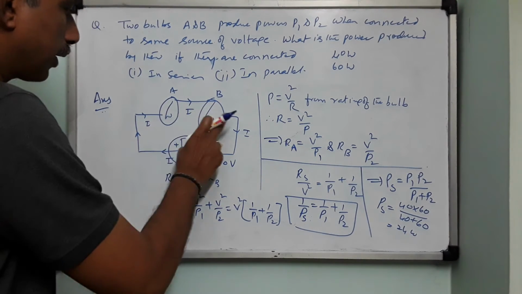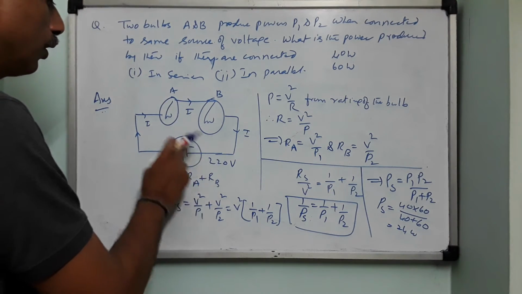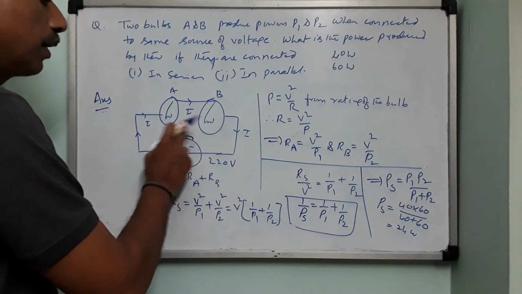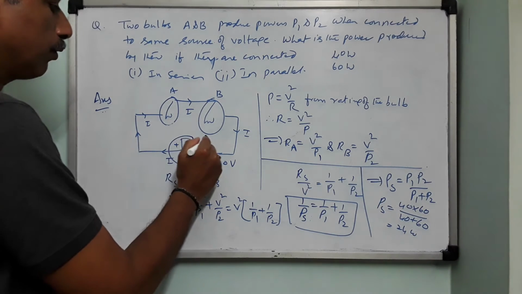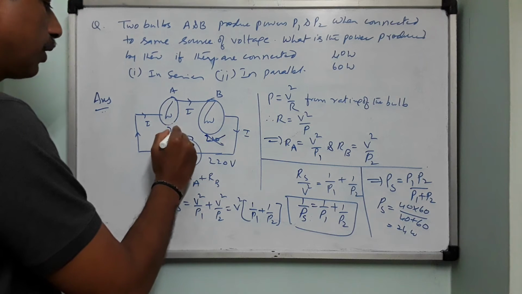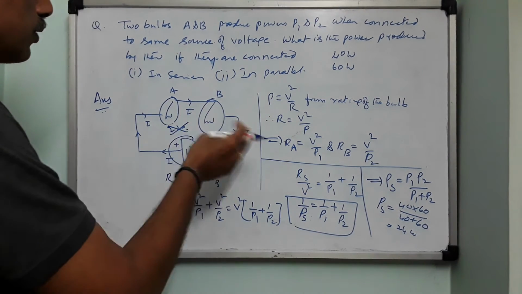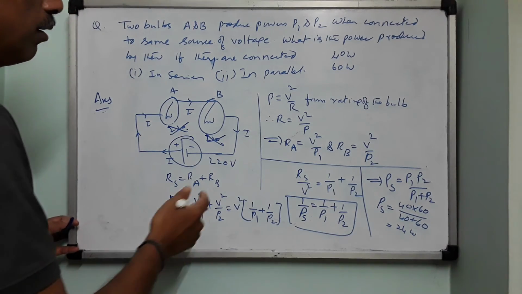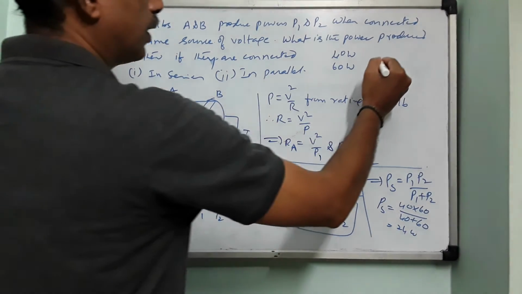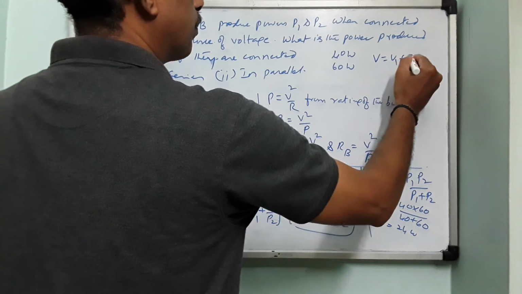If you connect this 220 volt alone to bulb B, then it will produce a power output of 60 watt. Now when both of them are connected in series, this 220 volt will be divided among them. Now this will not get 220 volt, and this also will not get 220 volt. This we have seen yesterday, V equals V1 plus V2.